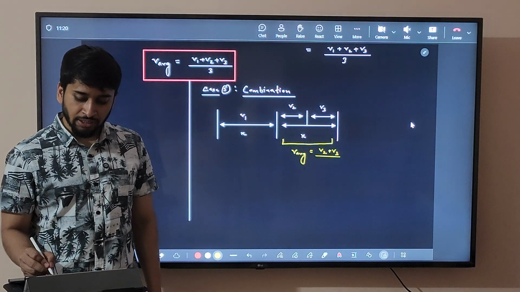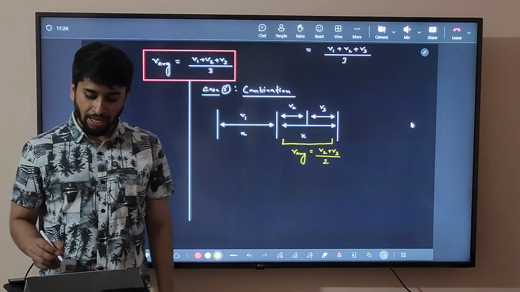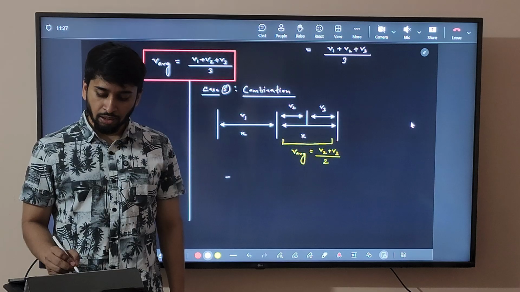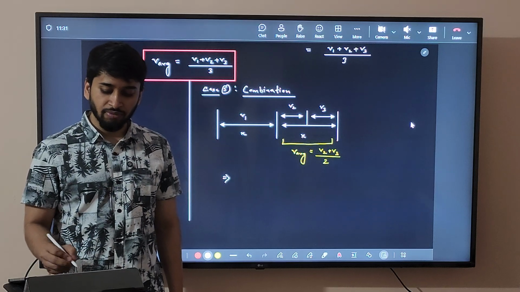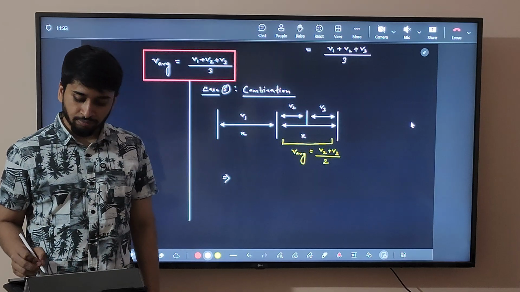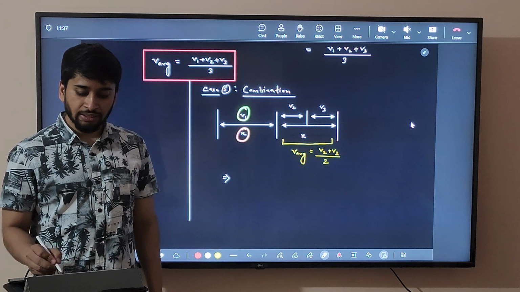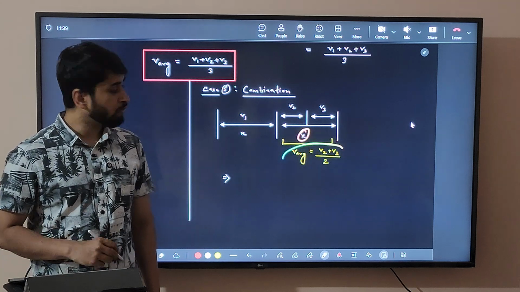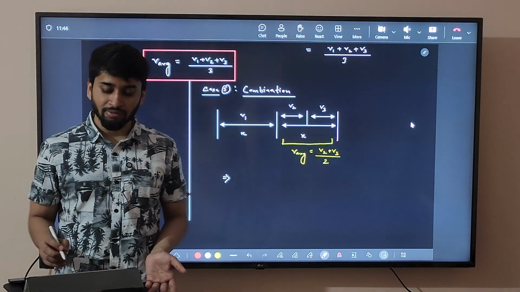Now for the complete journey, it is like the first half distance you travel with speed v1, and the second half distance you travel with speed (v2 plus v3) by 2. So it becomes a two equal distance interval case.